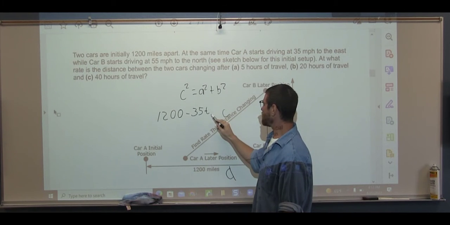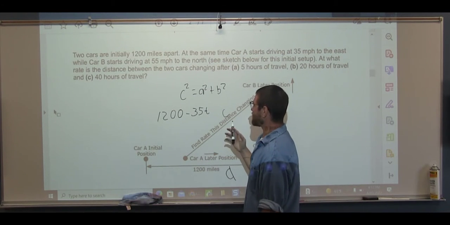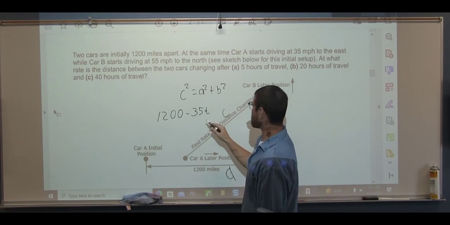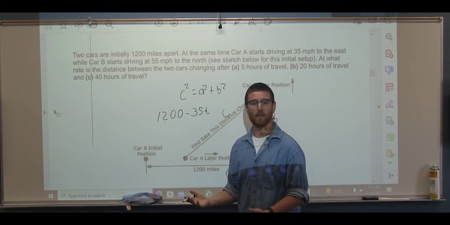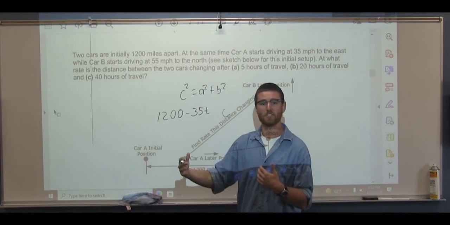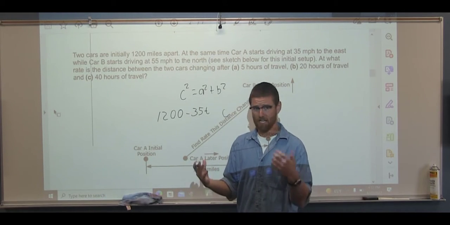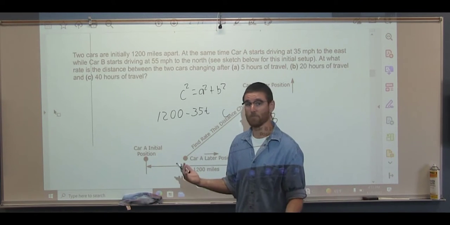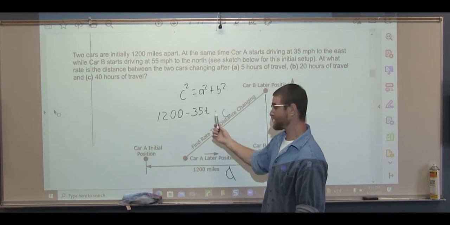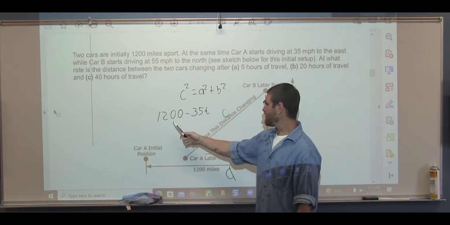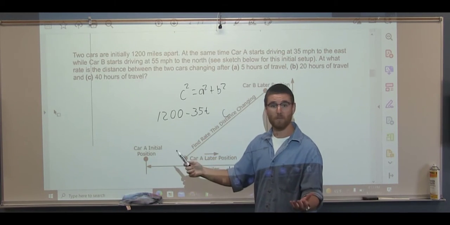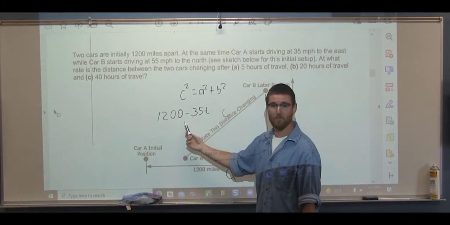Let's see, what does T represent here? T is obviously time, it's counting upwards. So just think about it as if 5 hours have gone by, and that entire 5-hour duration you were driving at 35 miles an hour. You know exactly how far you are from where you started. It would be 5 times 35. So the same kind of logic is happening here, but we're subtracting it from even more information, which is that they were originally 1,200 miles apart.